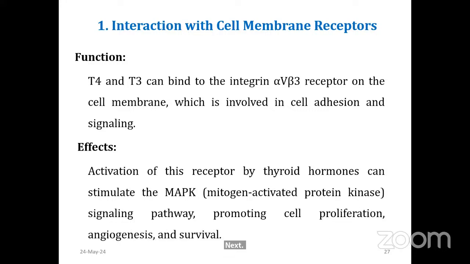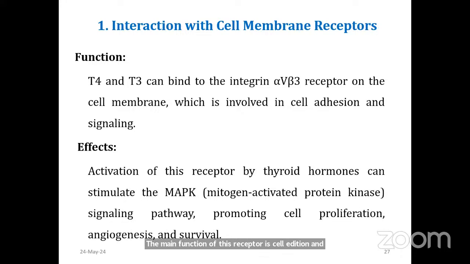Next, T3 and T4 can bind to the integrin alpha V beta 3 receptor on the cell membrane. On each cell, there are specific receptors known as integrin alpha V beta 3 receptor, which is involved in cell adhesion and signaling. The main function of this receptor is cell adhesion and signaling.